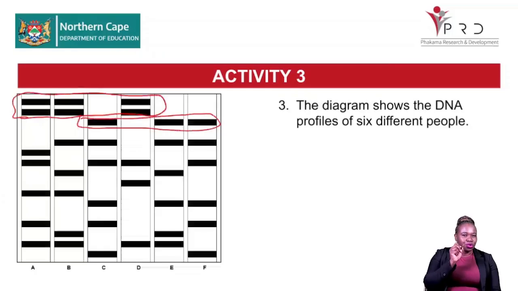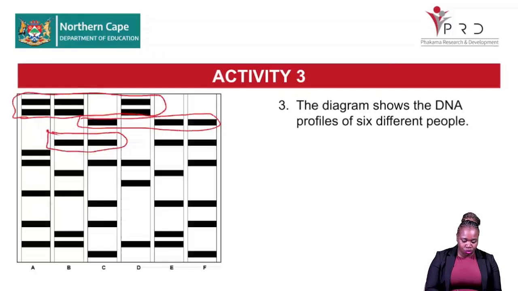Right. Make sure that you use your pencil to identify the individuals that are matching, because you cannot just have a look at it and decide that they are matching. Okay, now A no longer matches with B and C, so we can exclude A as a twin to B and C, right?